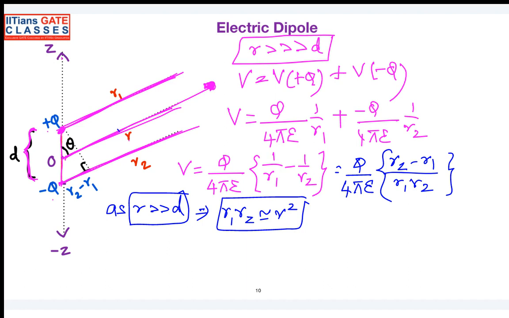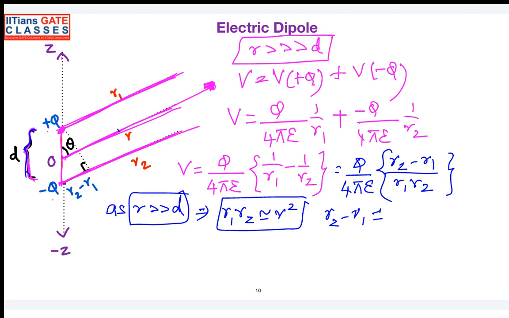So R1 into R2 can be approximated to R square. And what is the value of R2 minus R1? Ideally speaking, it is close to 0, right? But instead of making it 0, I was making it in terms of d, the separation. I was assuming that d is very small compared to R. So we will get a very small value, but not 0. So let me write that value.